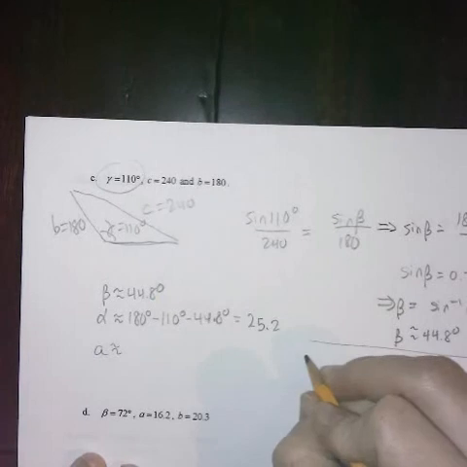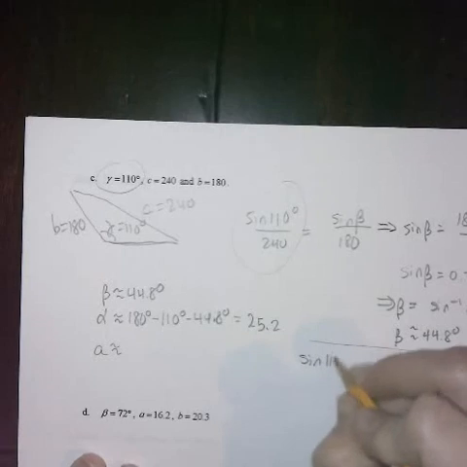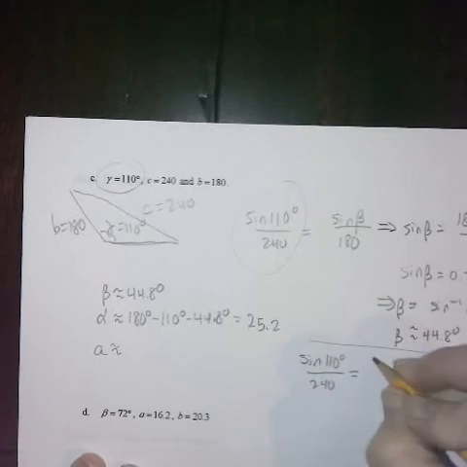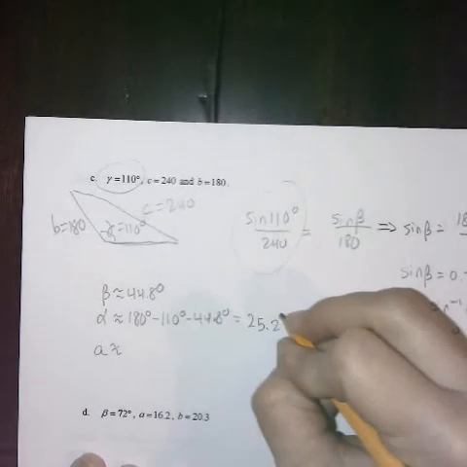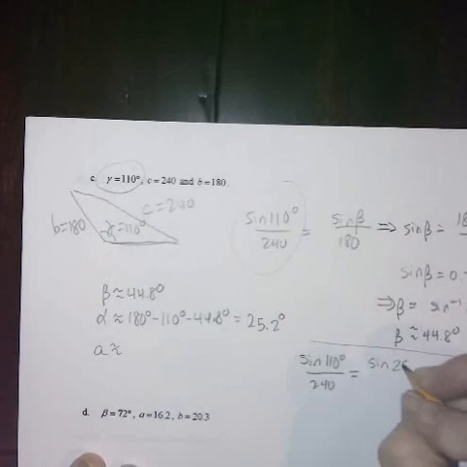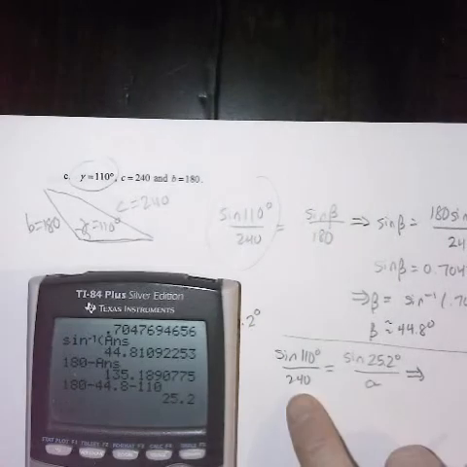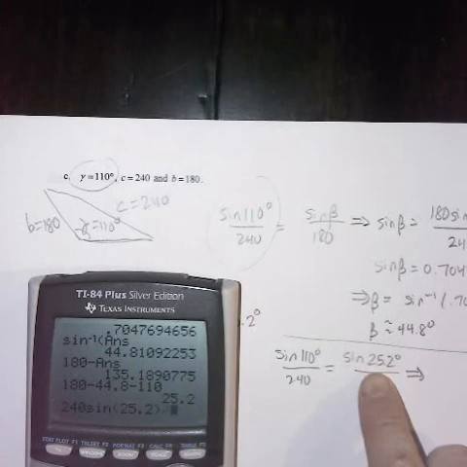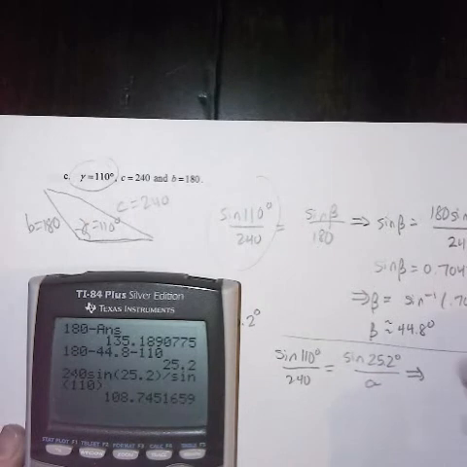So sine of, I'm going to use this ratio again because it was given, 110 degrees over 240 equals sine of 25.2 degrees over A, since A is across from alpha. I'm running out of room, but you cross multiply, divide. I'm just going to write down what A equals. So 240 sine 25.2 divided by sine 110, 108.7.